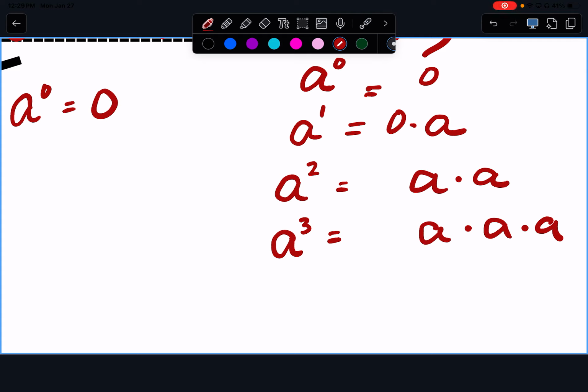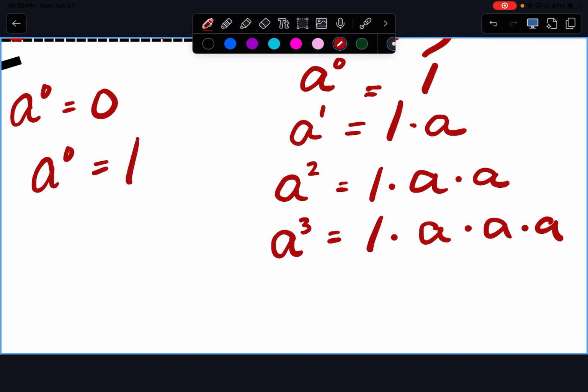What would happen to all of those things when I do that? 0, right? And so what's really happening is that the exponent is telling us how many times a is being multiplied by itself. So if a is being multiplied by itself 0 times, that is what leaves us with just 1. Because if I put 1 in the front of all of these and let that trend continue, does it change my answers? No.